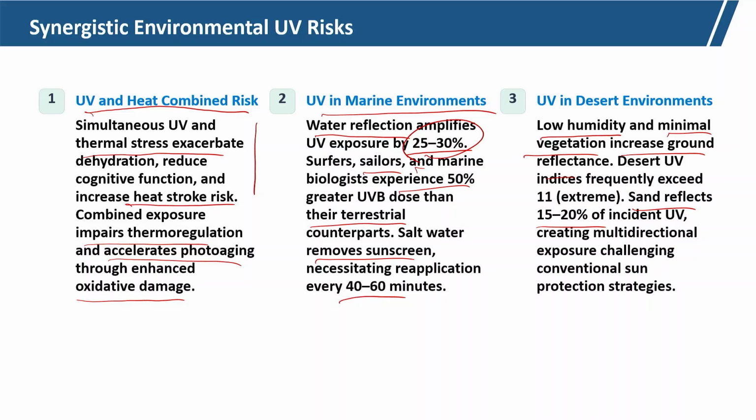So, that will enhance the UV radiation and create multi-directional exposure. Why is it multi-directional exposure? Because the sand is not uniform. So, it gets reflected or scattered in different directions, and even the small sand particles reflect in different directions.